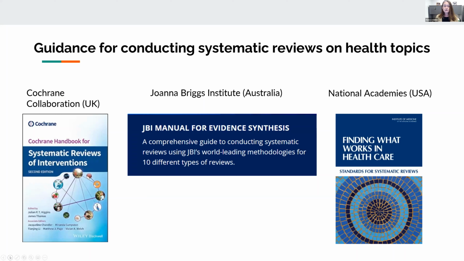These are the ones that we see most often pointed to as guidance that's used for people conducting the reviews. The Cochrane and JBI guides are really guidance for conducting the reviews that they publish, but they're commonly used for people conducting systematic reviews that will be published elsewhere.